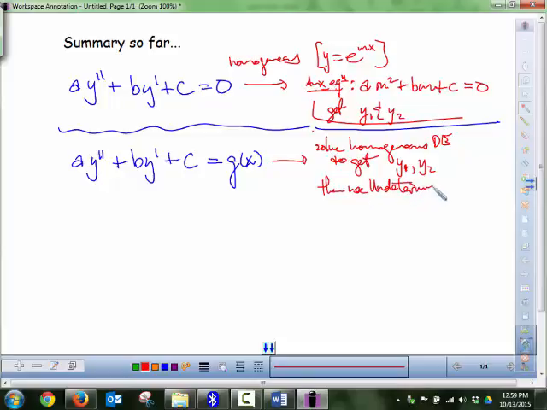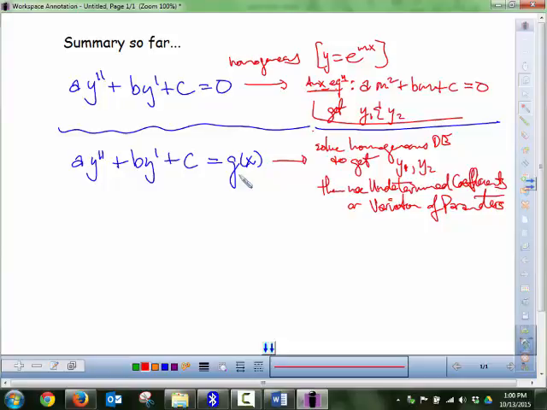Undetermined coefficients or variation of parameters. And so the undetermined coefficients is when it's e to the x, when it's a polynomial, or when it's sine and cosine.